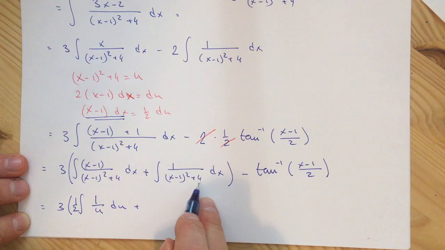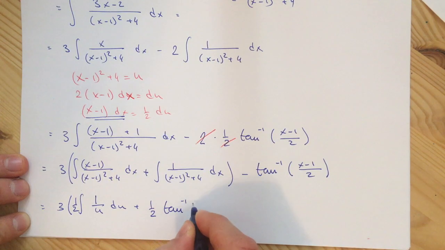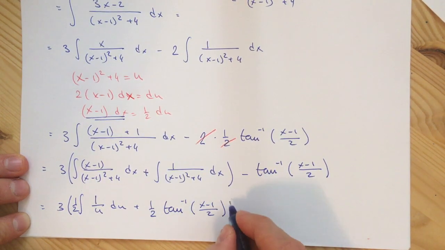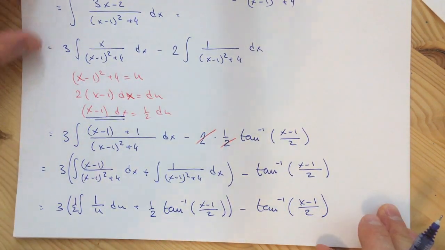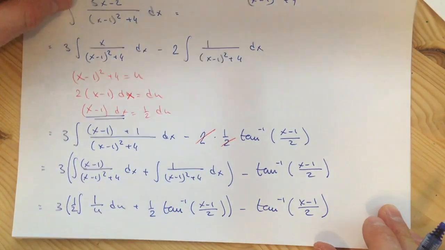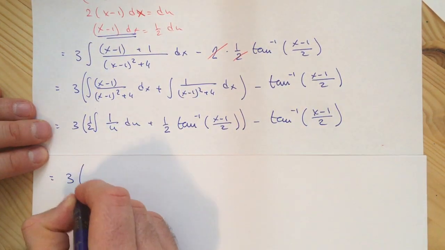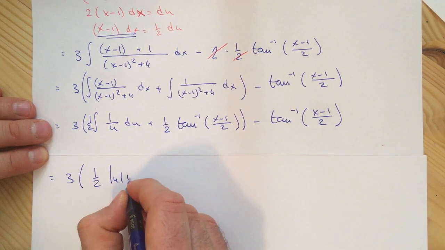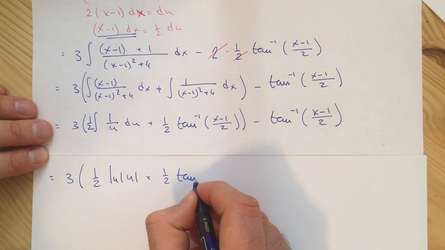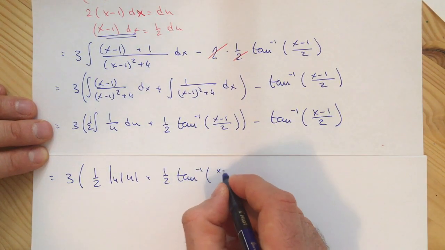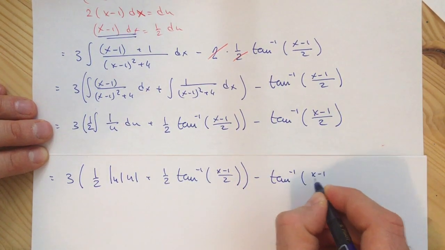Plus this antiderivative I have already evaluated once. That's 1/2 arctangent of x minus 1 over 2. And now this is equal to 3 times 1/2 ln of absolute value of u plus 1/2 arctangent of x minus 1 over 2 minus arctangent of x minus 1 over 2.